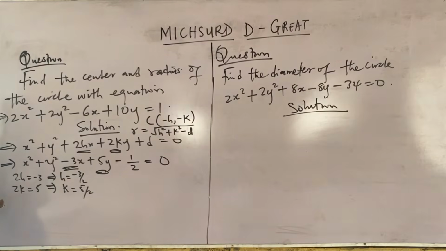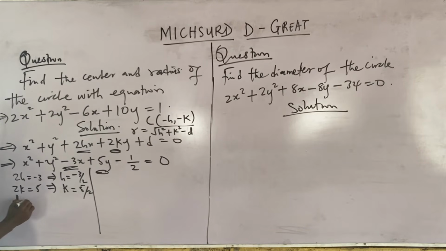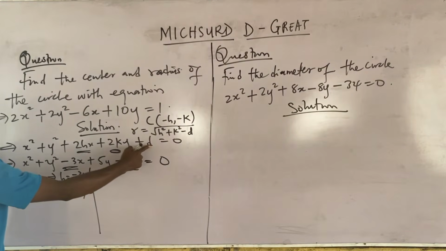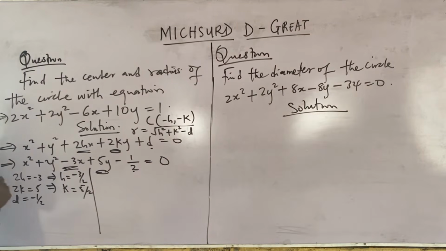So we have this. Now we can as well see from the comparison that D is equal to minus 1 over 2. So this D here corresponds to minus 1 over 2.